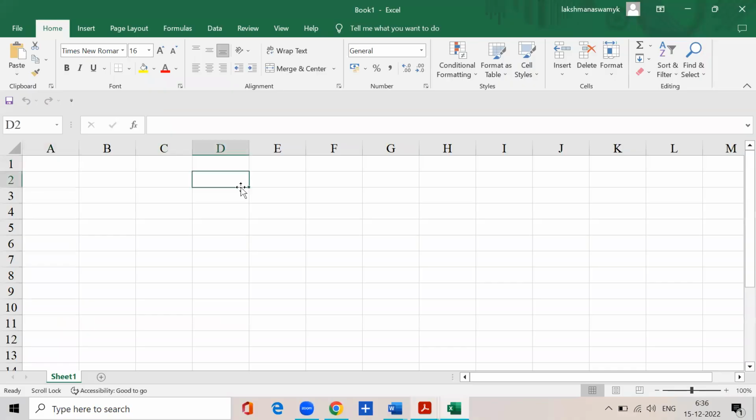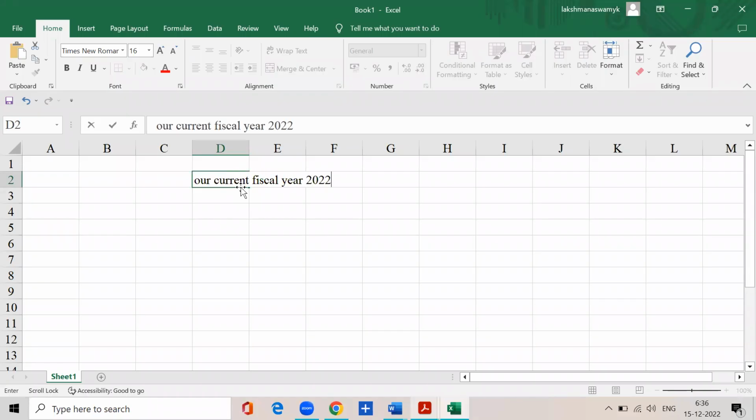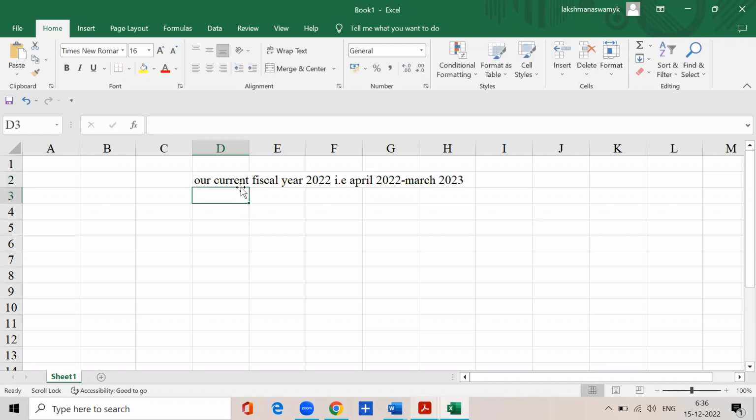See, our current fiscal year is 2022, that is, it started from April 2022 and ends with March 2023.